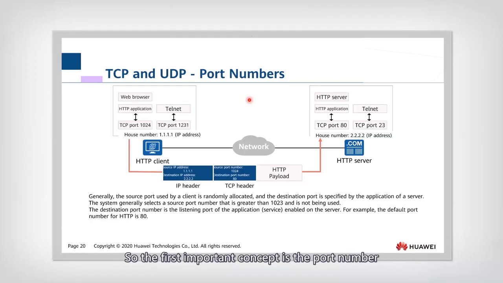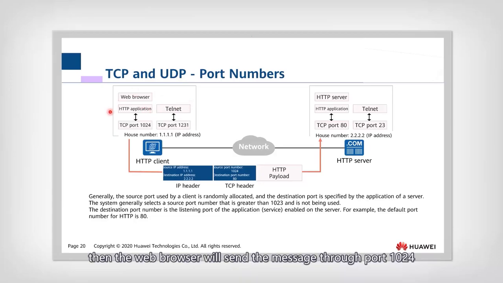The first important concept is the port number. Just now we said that in the header of the TCP protocol, you need to give the source port number and destination port number. So what is a port number? Different applications use different ports to transmit data. For example, in your computer you are running two applications: one is a web browser, and another is remote login.